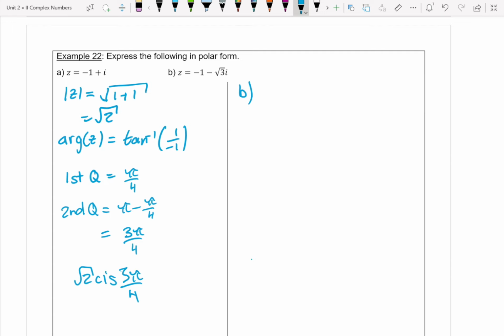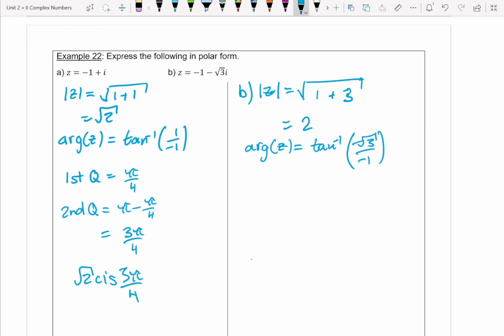B, on the other hand, is going to give us a modulus of z of the square root of 1 squared plus root 3 squared, which is 3. Let's fix up that 3. Okay, I've got a dead spot. Yep, good enough. So that gives us root of 4, which is 2. The argument of z is going to give us tan inverse of negative root 3 over negative 1.